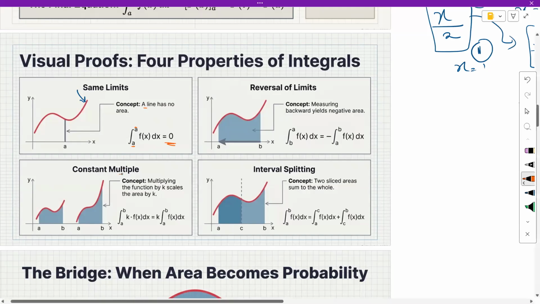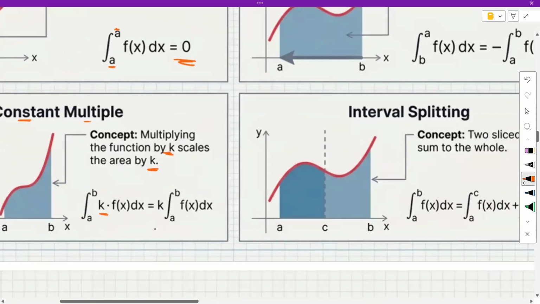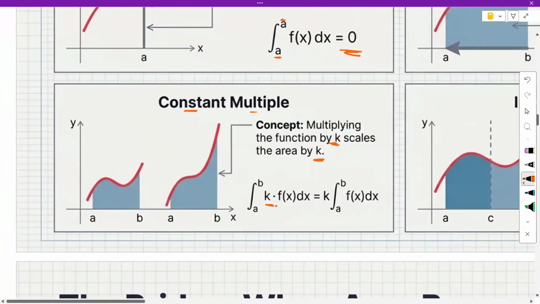And constant multiples. Multiplying the function by k scales the area by k. Here we have k, a constant, and a function of x. In this instance, we can bring this k from outside, and then we can do the normal calculation.